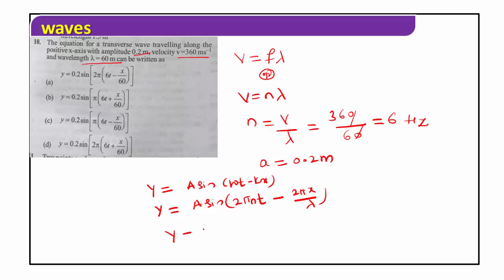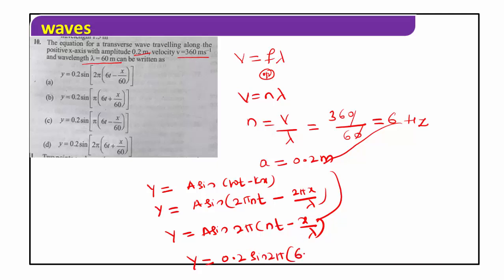Therefore y is equal to a sin, taking the common value 2π outside, (n t minus x divided by lambda). Now you substitute these two values in this equation. We get y equal to amplitude 0.2 sine 2π into frequency 6, t minus x divided by lambda equal to 60.